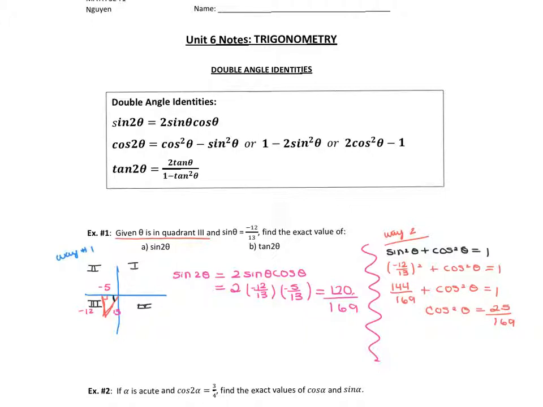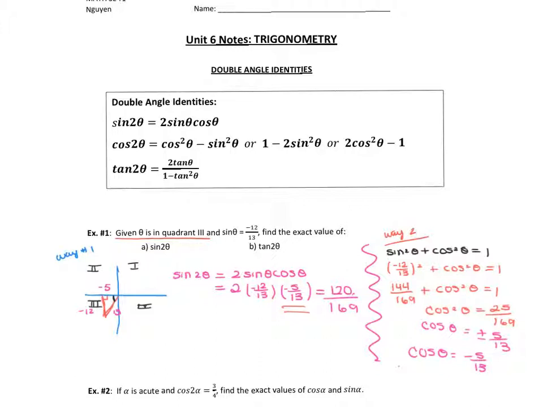You square root both sides. So cosine theta is equal to plus or minus 5 over 13. But since we know that theta is in quadrant 3, we choose the negative. Does that make sense? So cosine theta is equal to negative 5 over 13, which we found very quickly right there. And you plug it into your formula again, and you get the same 120 over 169.